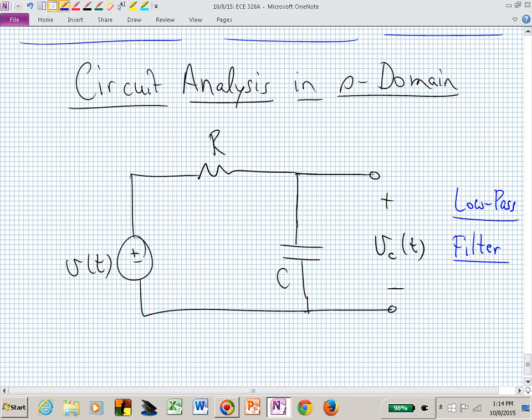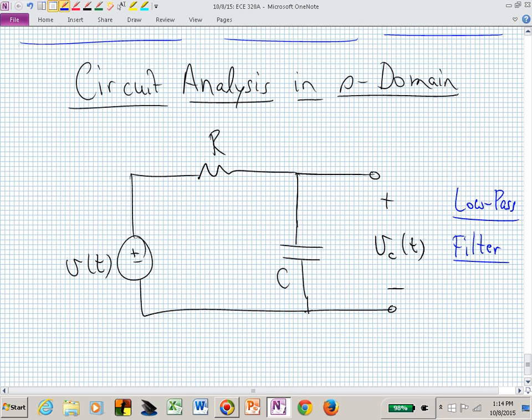So how are we going to write the equation that governs the dynamic behavior of that circuit? What's one way to do that? KCL, we could use KCL, but you guys usually go for KVL, don't you? Mesh. You kind of like to write the mesh equations, so that's what I thought you would want to do.